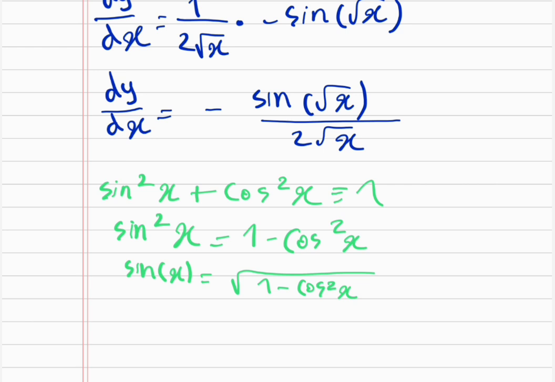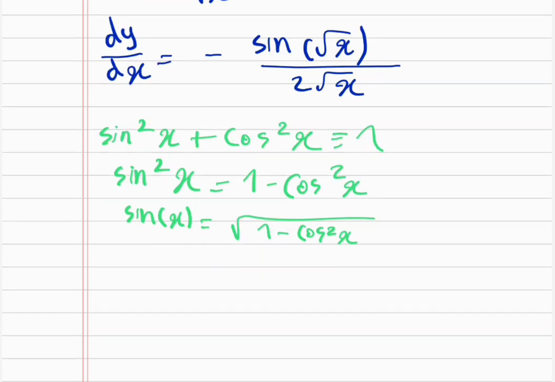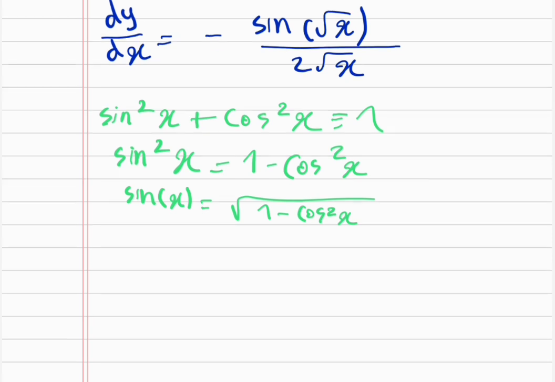Now here we need to use this trick, but there is only a very small difference, and that is we have sine root x. So all the things we have done here still hold, but instead of having sine x or cos squared x, we just need to write root x, because the inner function is root x, not x.